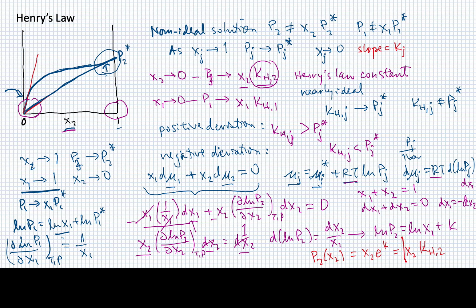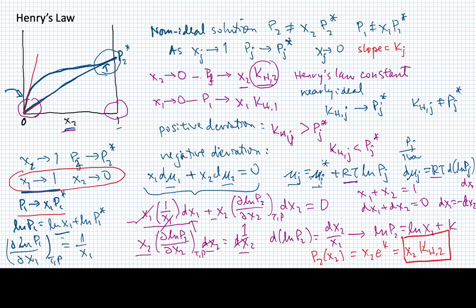So you can see that the net result is that we get Henry's law by starting with this condition over here, that as x1 goes to 1, its vapor pressure goes as Raoult's law, and then by using the Gibbs-Duhem equation we can show that the other component must follow Henry's law.